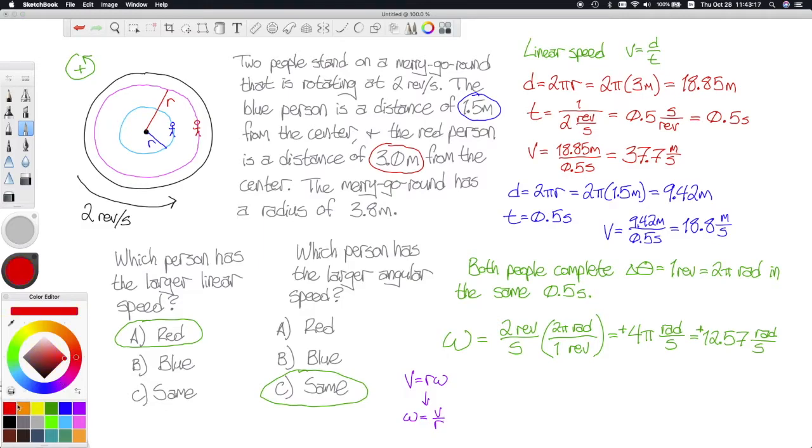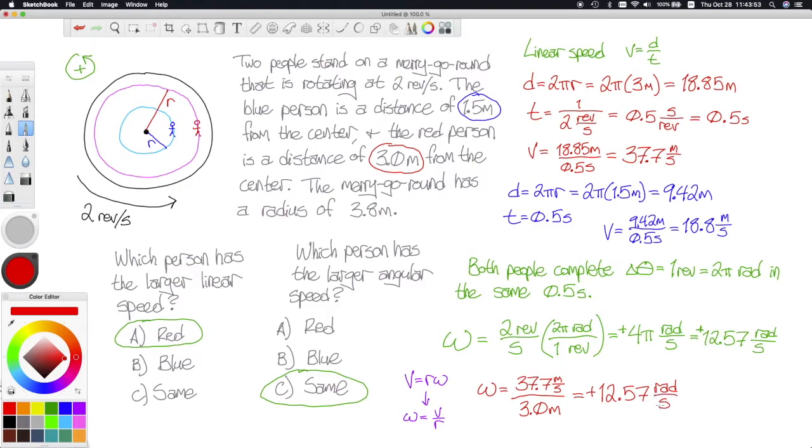So for the red person, for example, omega would be equal to the speed of that red person, 37.7 meters per second, divided by the r for that person, which was the 3.0 meters, which gives us an answer of that same positive 12.57 radians per second that we got the other way.